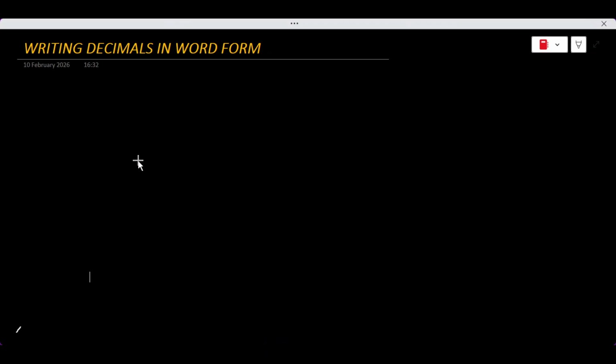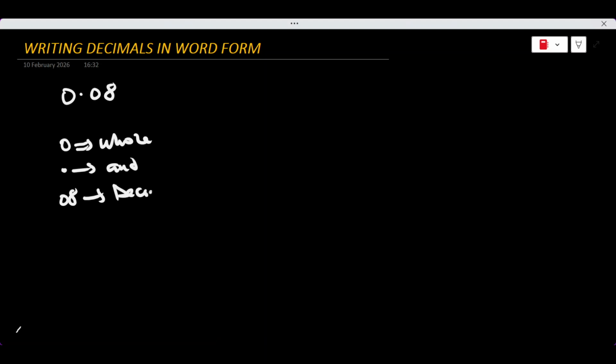All right, so example number 2, we are to write 0.08 in word form. So now remember, we have 0, which is the whole number. We have a point, which is read as "and". Then we have another 0.8, which is the decimal part. But remember, because we have 0, we are not going to mention any of these zeros. So we move straight to the first non-zero digit, which is 8.